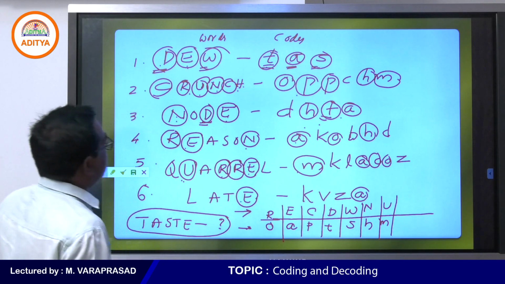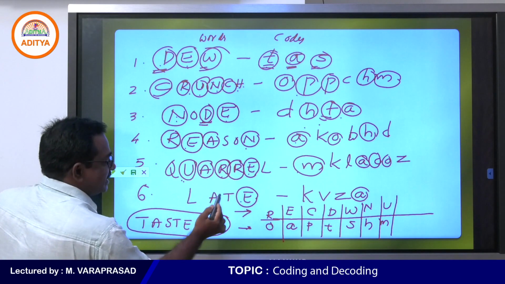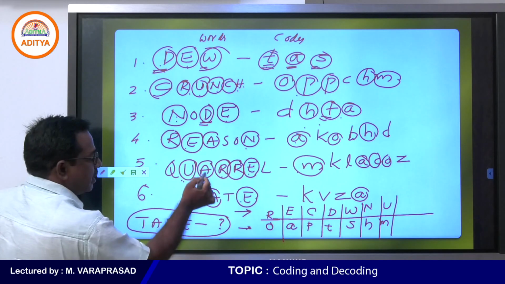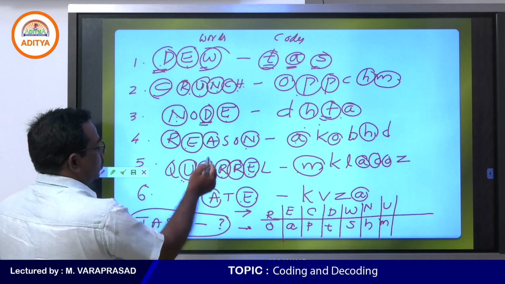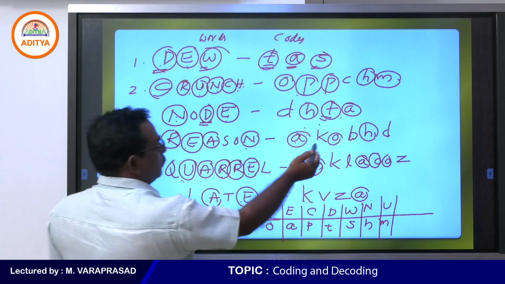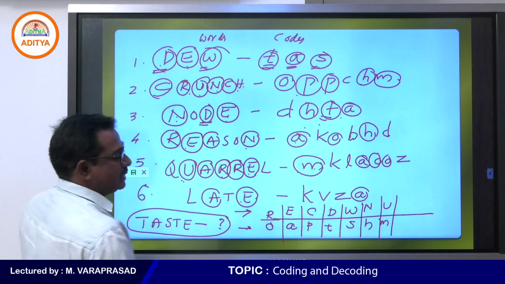Still what can we write? A is repeated in the fourth one, fifth one and sixth one. What is repeated in the fourth one, fifth one, sixth one?